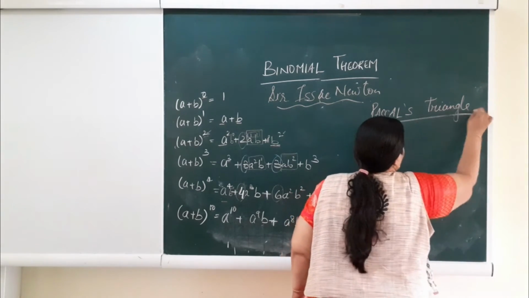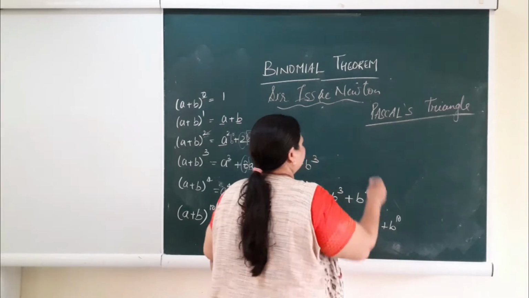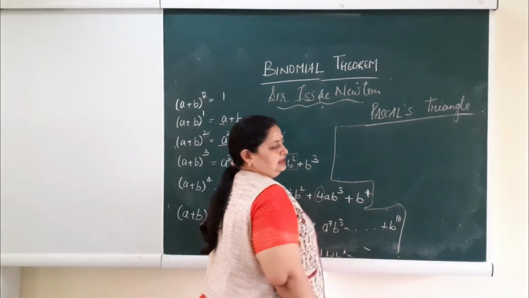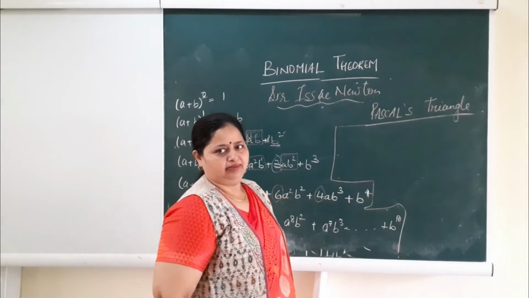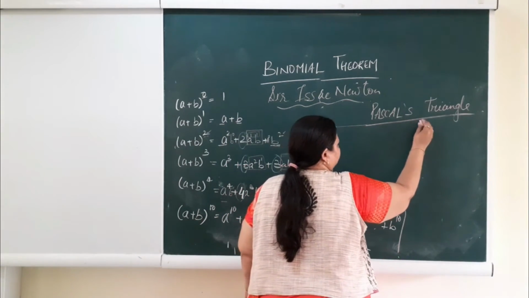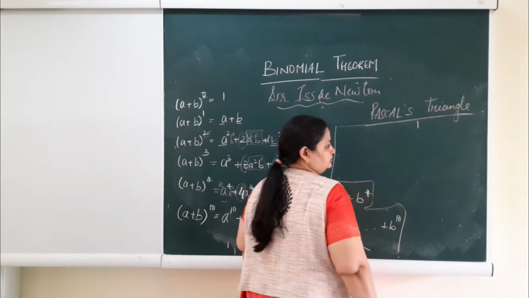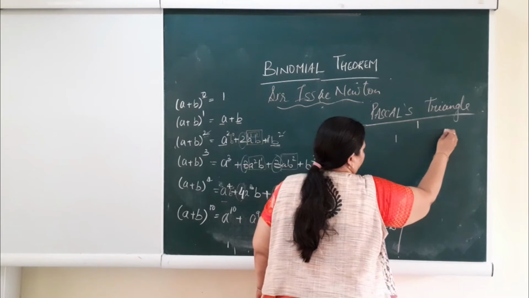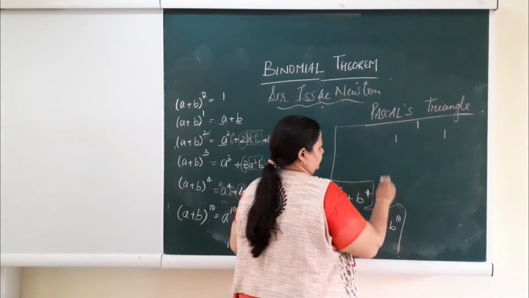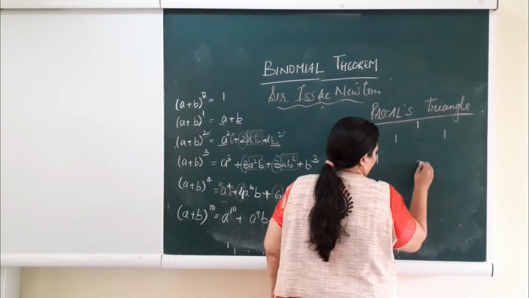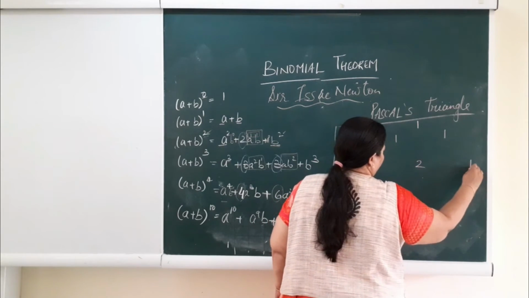Okay. So let's form a triangle. It's not the regular geometry triangle that you have studied. It's the triangle of numbers, very special numbers. Now, write 1 here at the center. Then write 1 here, 1 here. Then write 1, 2, 1.